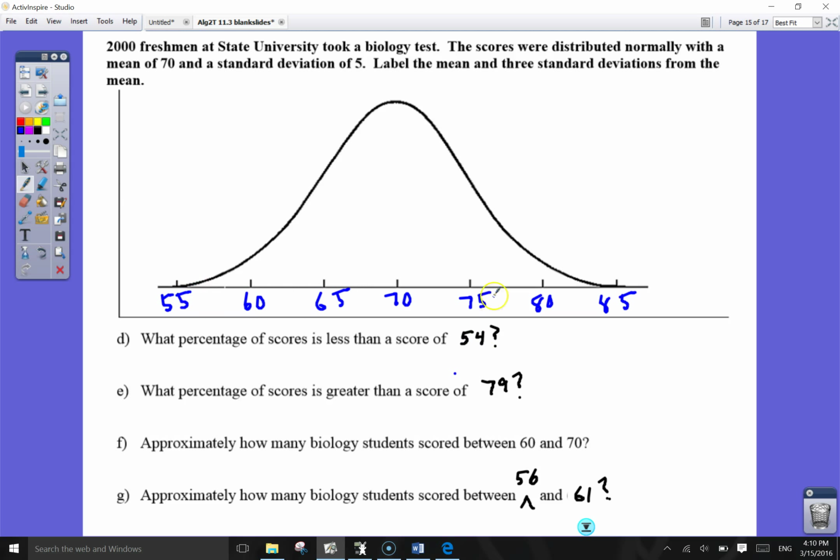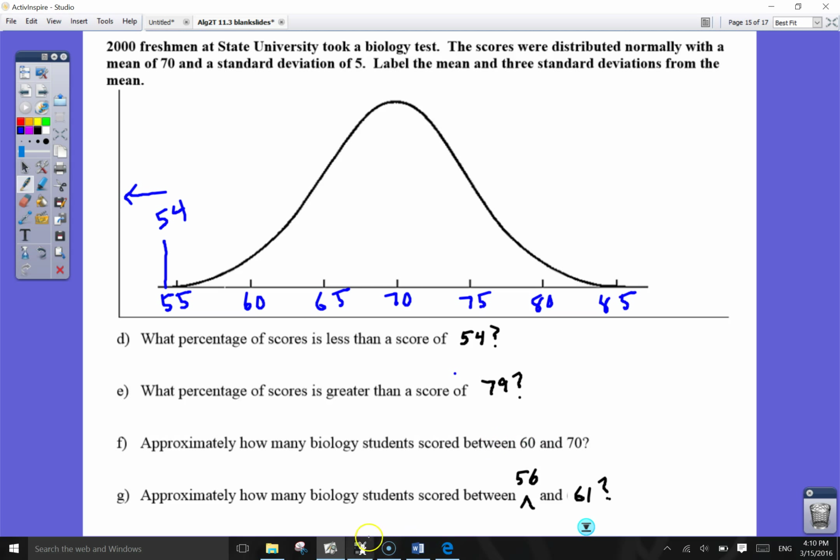So if we want to know this probability of a score less than 54, well, 54 would be here. So I got to find the area to that side. And it's not a whole standard deviation, so I can't use the empirical rule. I'm going to have to use the calculator.